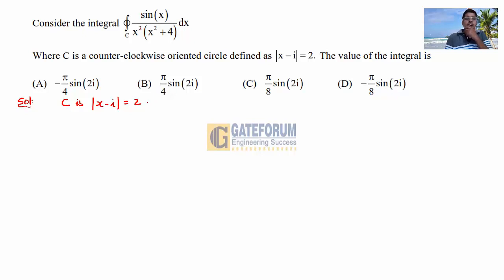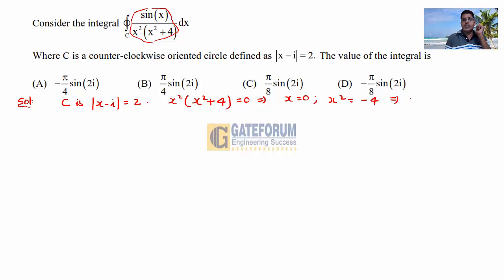Next, find the singularities of the integrand. This is our integrand, sin x upon x square into x square plus 4. Usually, singularities are obtained by equating the denominator of the integrand to 0. That means x square into x square plus 4 equal to 0, implies x is equal to 0 and x square is equal to minus 4.